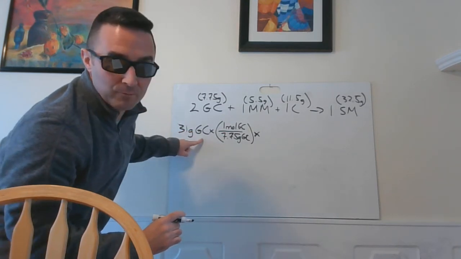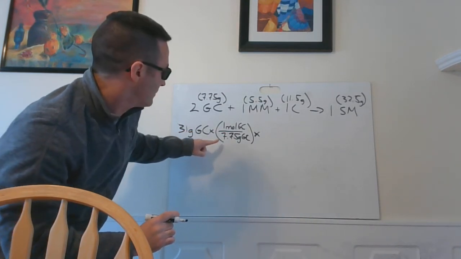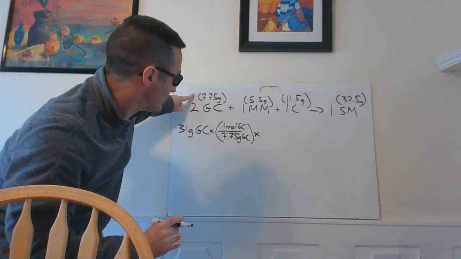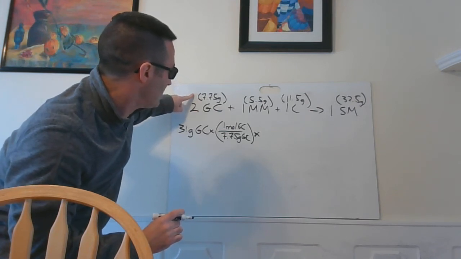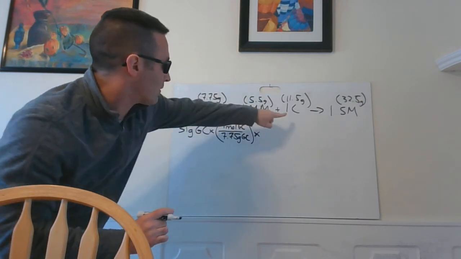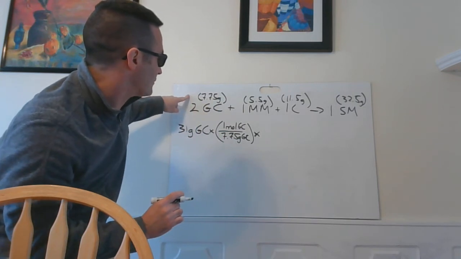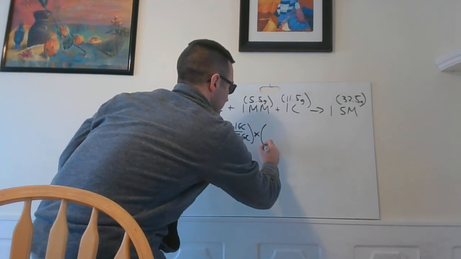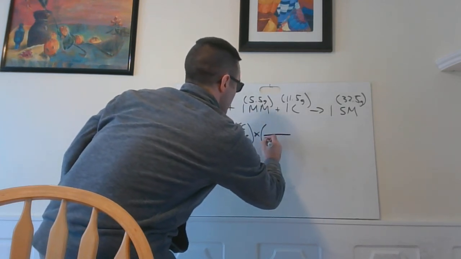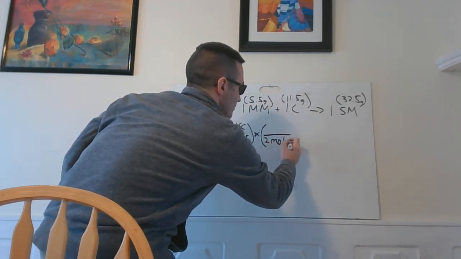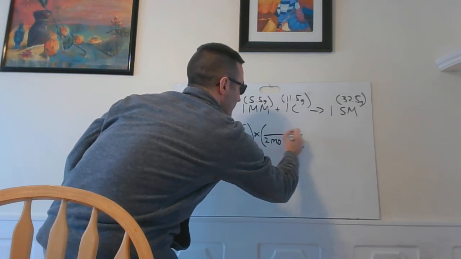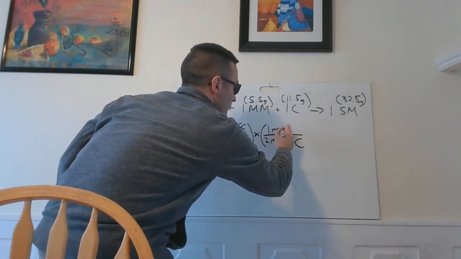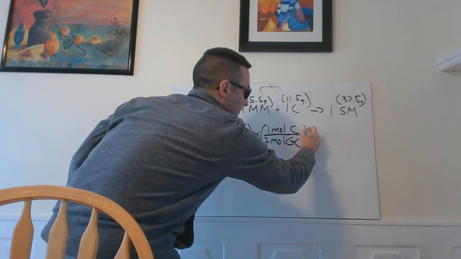This doesn't even change all that much. I started off with grams of graham crackers. I switched that to moles. Well, how many moles of chocolate do I need to react with graham crackers? It's still 2 to 1. So 2 moles of graham cracker react with 1 mole of chocolate.